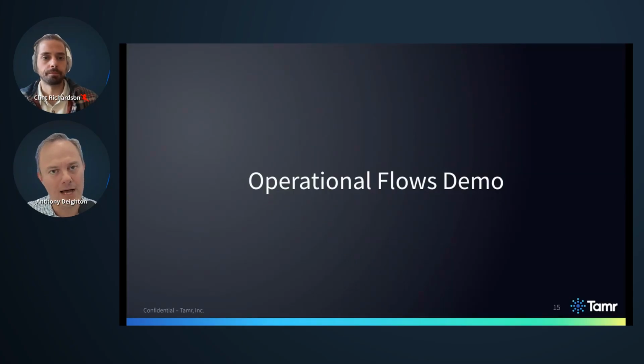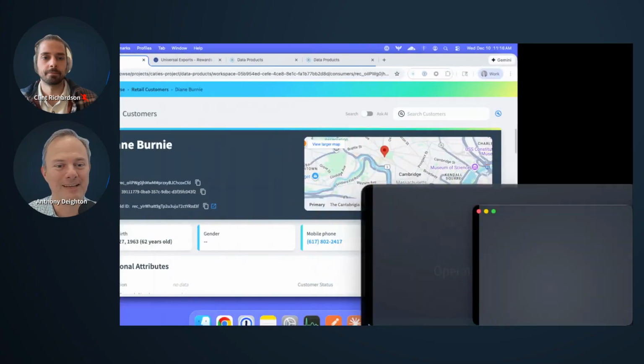We're going to show you how this all comes together. And then we're going to talk about what we're doing around agentic curation, how we can bring AI into the curation process itself, and how you can actually build and train your own agents to do that work. So let me start with a very basic operational flow that introduces some of the core concepts, and then Clint's going to jump in and take us to the next level.